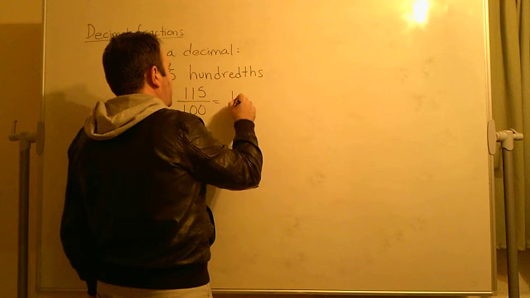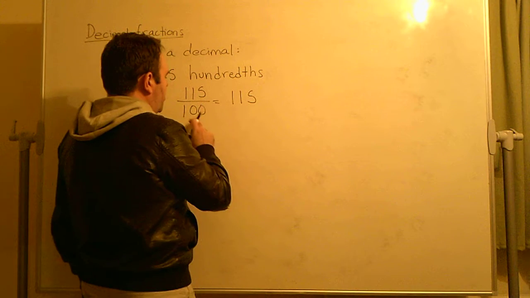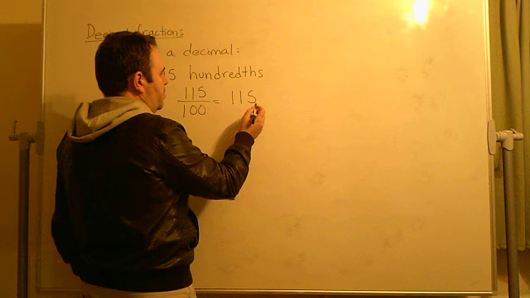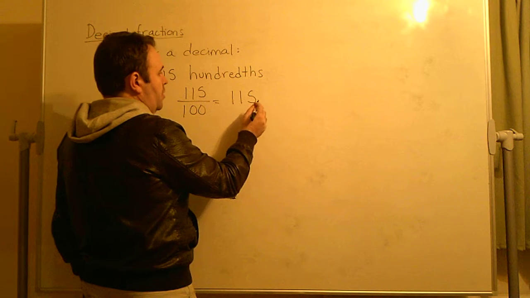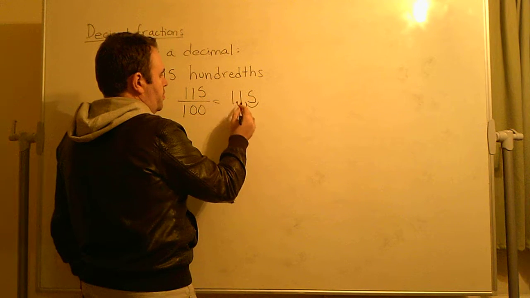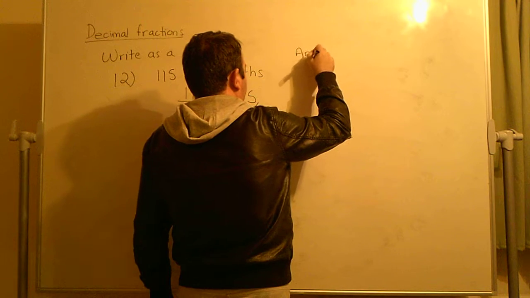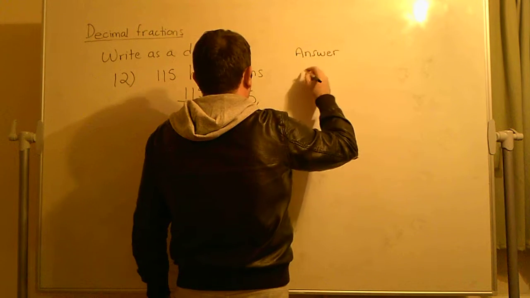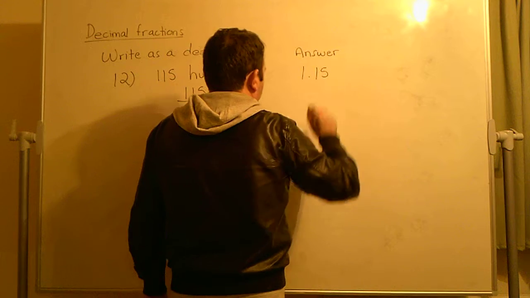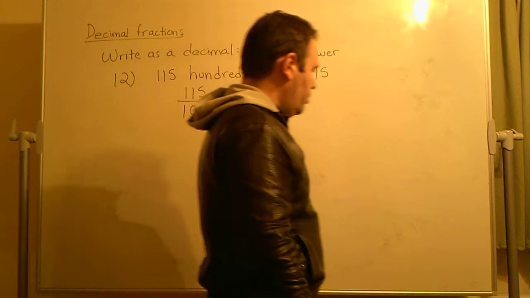So we write down 115, and then how many zeros do we have? 2. So how many places do we have to move the point to the left? 1 and 2. So the answer would be 1.15.